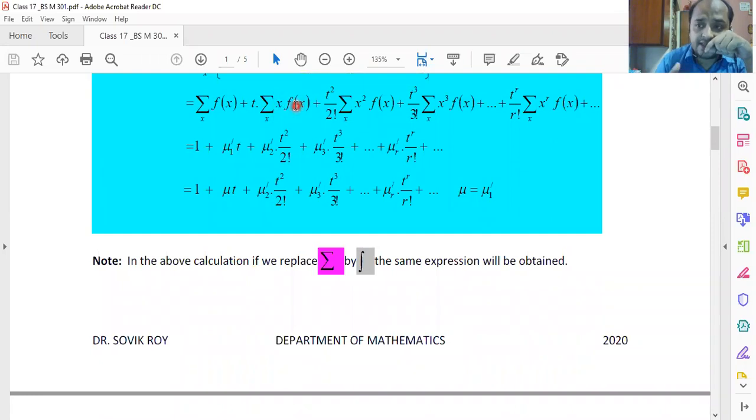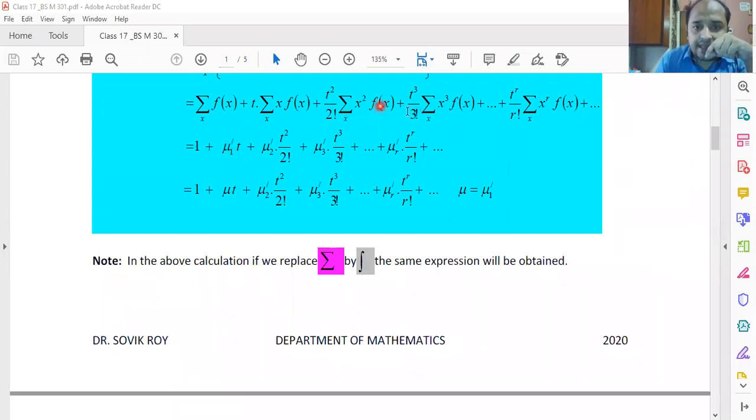Summation x into f(x) can also be written as expectation of capital X, and expectation of capital X is represented by mu in statistics universally. So we can represent mu1 prime as mu. So I have replaced mu1 prime by mu over here.